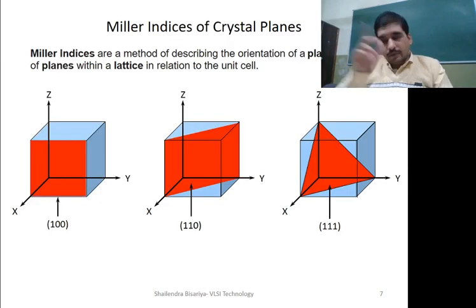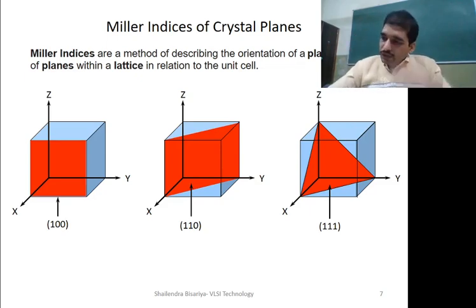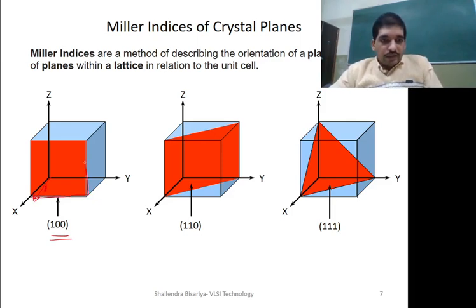One more point you should think about is the crystal plane. You might have studied it in your earlier course. I am just recapitulating this point: the 100 crystal plane is basically when it is at 1 on the x axis, while for y and z it is 0. So this will be the 100 plane, while if it is at a distance of 1 in the x axis as well as 1 in the y axis, then this plane is basically your 110 plane.